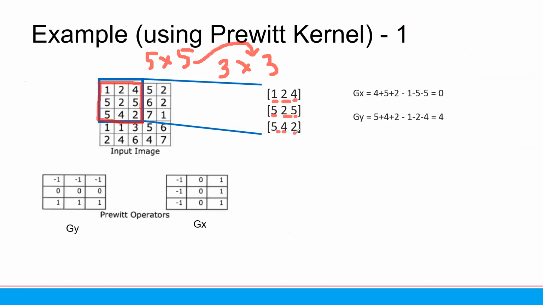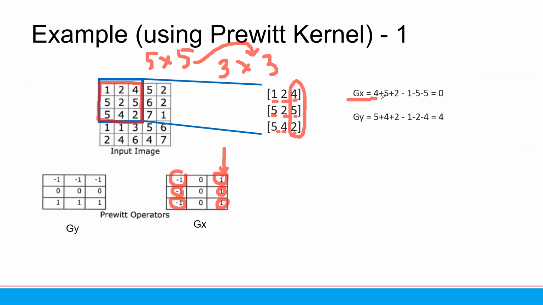If we use the Prewitt operator Gx, it means we have 1, 1, 1, and minus 1, minus 1, minus 1. Because we have all 1 on the right side, this side we just have the positive.